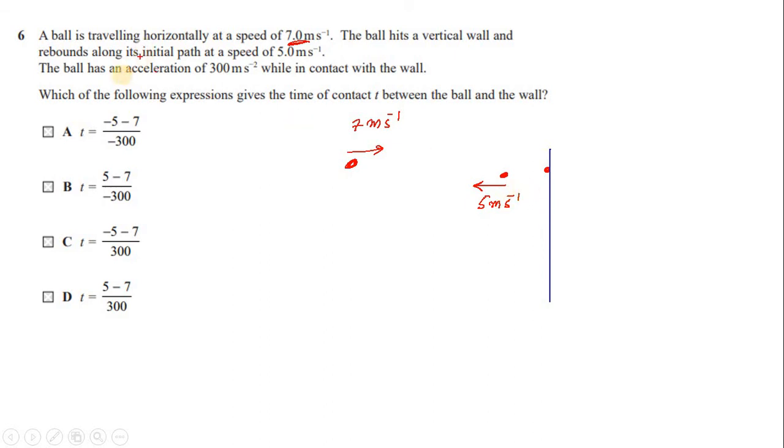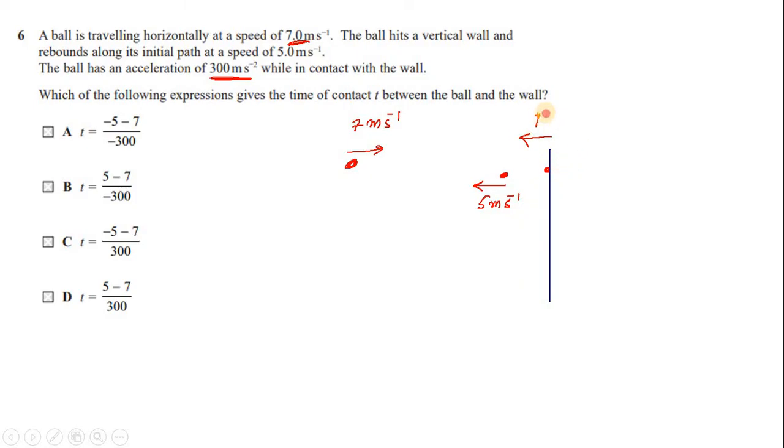And when the ball is in contact with the wall, it has an acceleration of 300 meters per second squared. And remember the situation: when the ball hits the wall, the wall hits the ball. So the ball is experiencing a force in that direction.